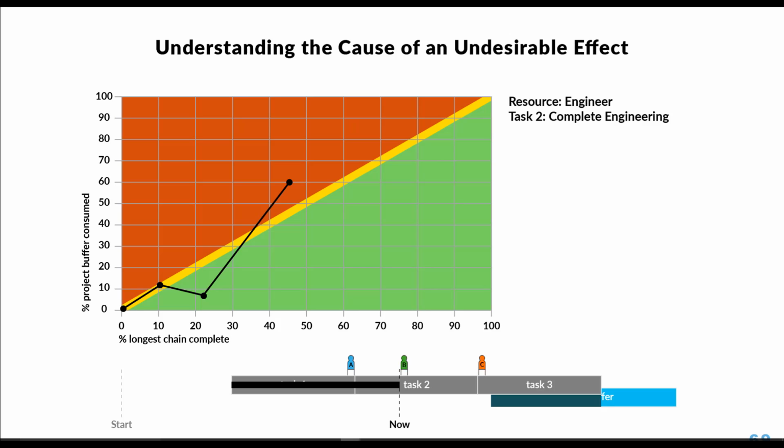But in all the fog of execution, we're able to pinpoint exactly the cause of this undesirable effect, the engineer trying to complete engineering. We have found the constraint and can now set about the work of optimizing and collaborating to bring the project back under control.